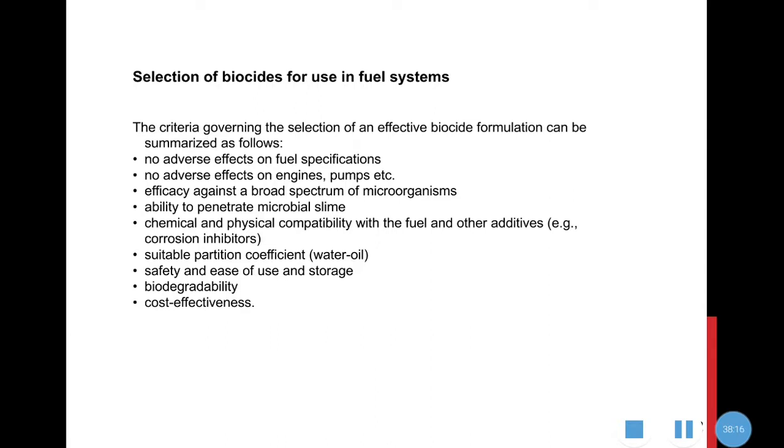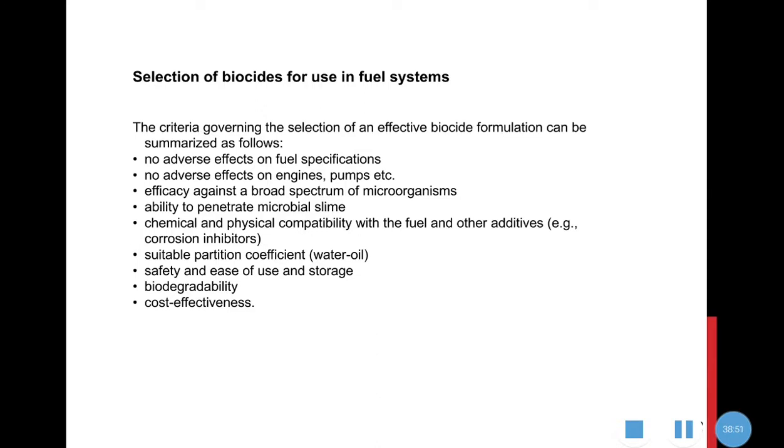Okay, so kat situ dia punya kriteria ialah no adverse effect on the fuel specifications, no adverse effects on engine, pumps and etc. Sebab kalau dia bagi effects, dia akan automatically influence the performance. Tak pasal-pasal engine tu boleh stop, ataupun sepatutnya kelajuan engine bergerak macam ni, tiba-tiba bila you letak biocide tu, mungkin dia boleh terus stop kat situ, dia boleh berhenti dia punya functionality.